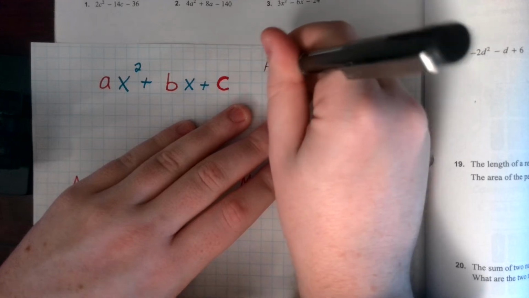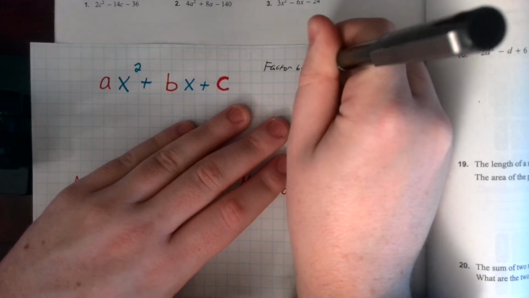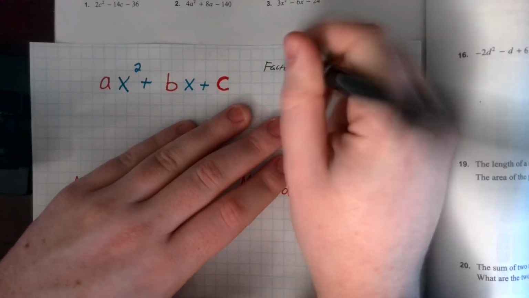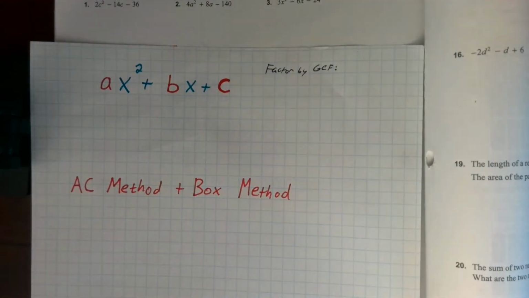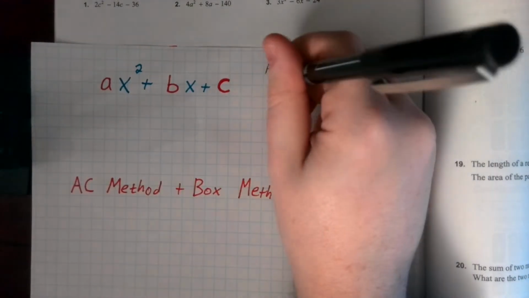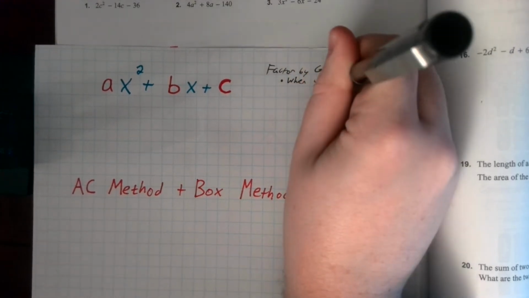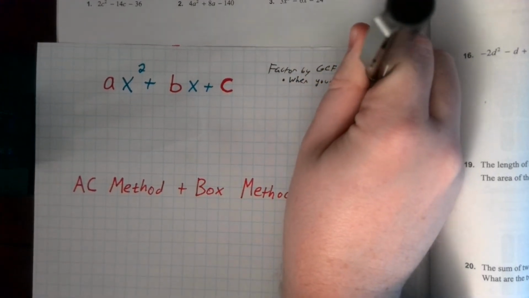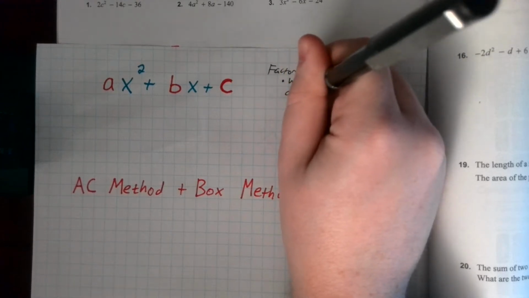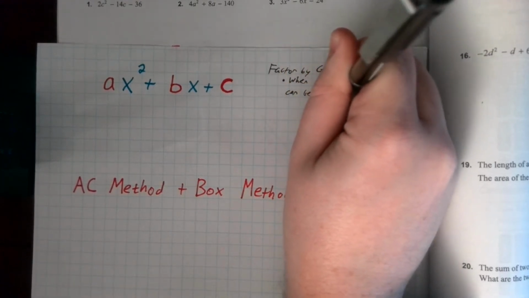When you factor by a GCF, you do this when you have an a term that can be factored out.